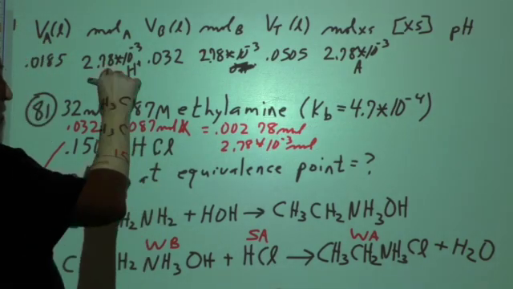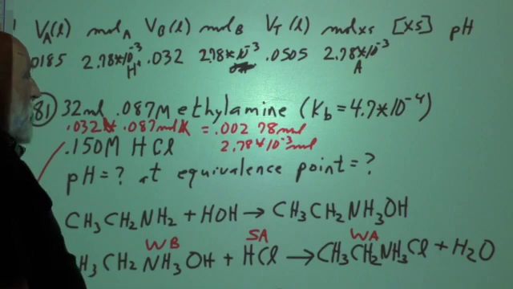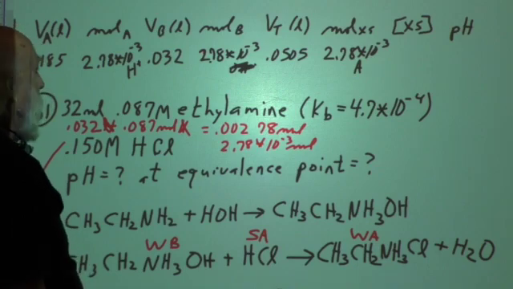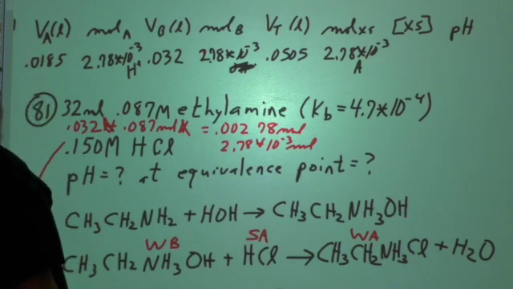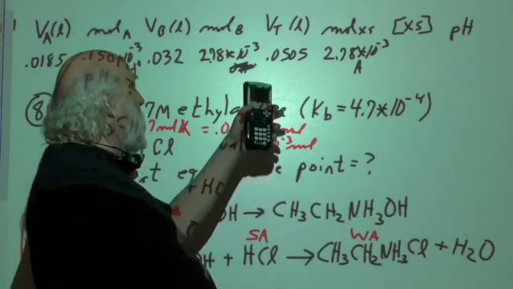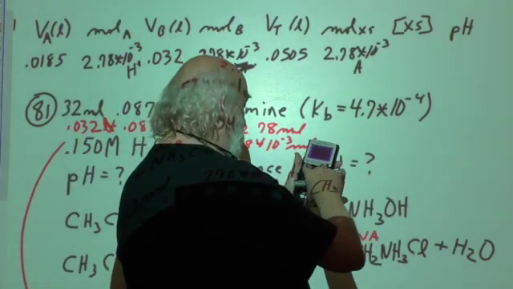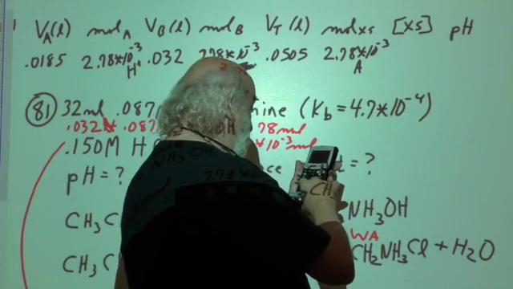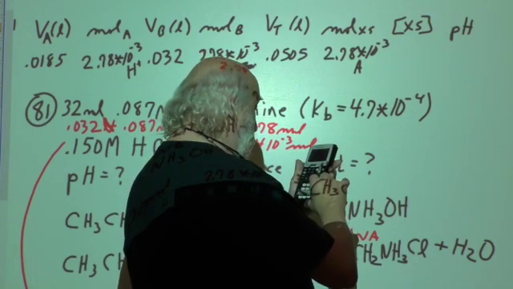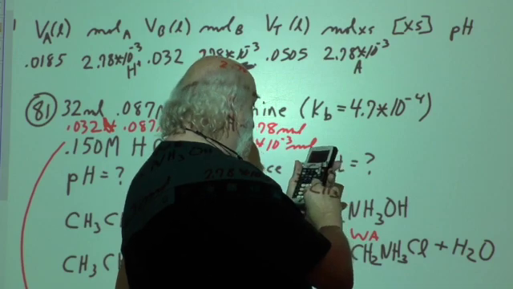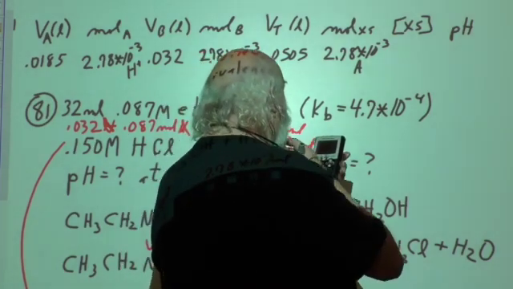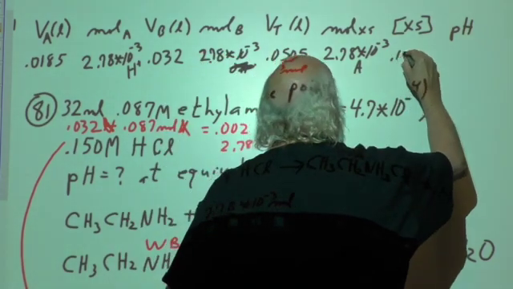Now, to find the concentration of the excess, we're going to divide that by the total volume, 0.0505. And we get 0.00550.